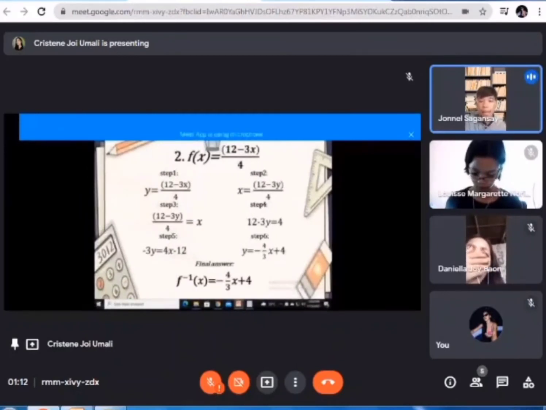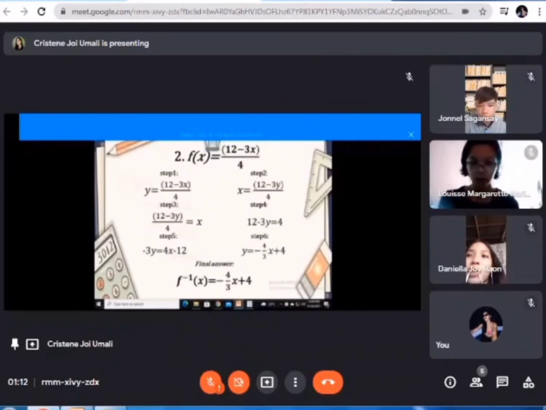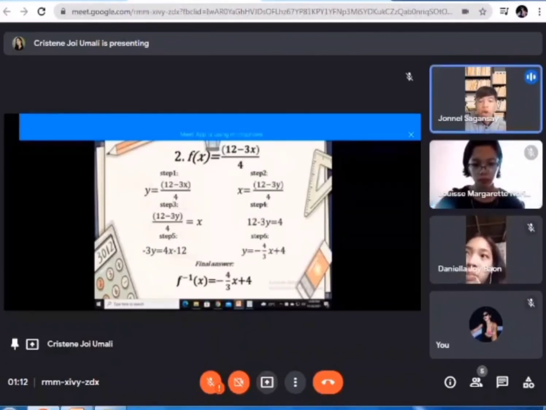The next step is transpose na natin. Ano yung kailangan nating iiwan sa kaliwa para mapag-isa si y? Anyone? Yung tanong ko is ano yung iiwan natin sa kaliwa para mapag-isa si y?